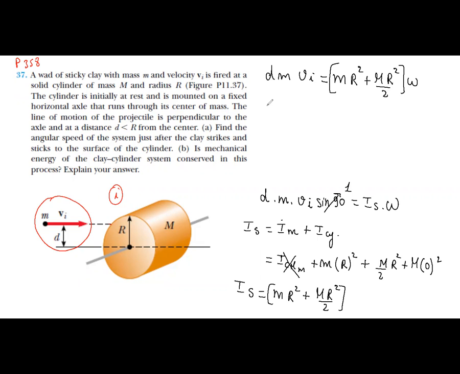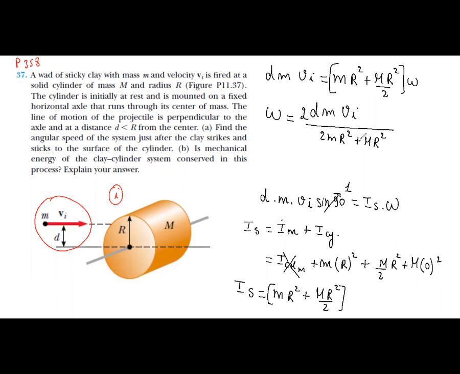So omega equals d m vi. We can take 2 as a common factor: we get 2mR squared plus mR squared.